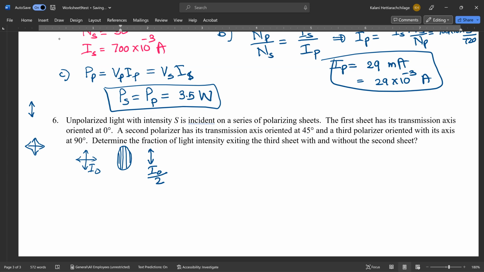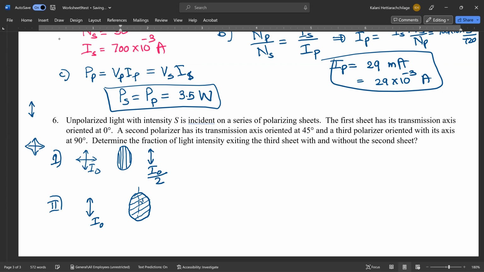And the second important rule is, if you send polarized light, we'll say this one is now I naught, through the polarization sheet, now angles matter. Say your axis is tilted a little bit, and this is your incident light.